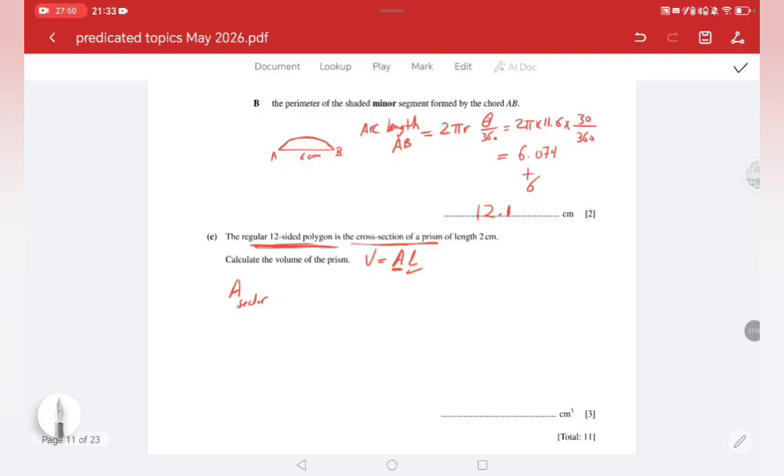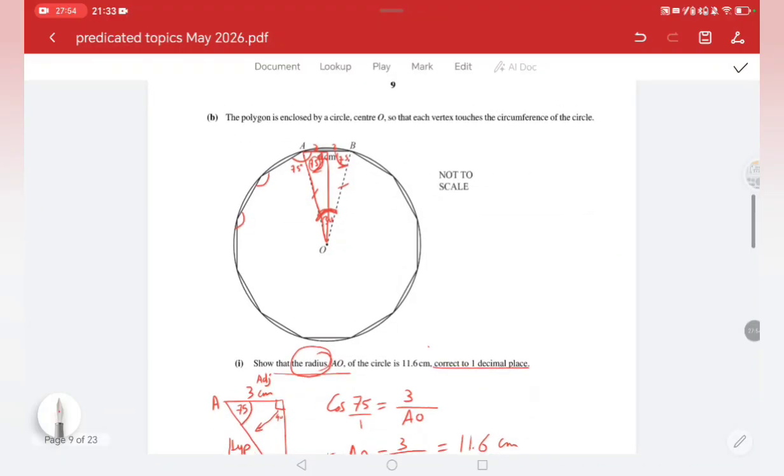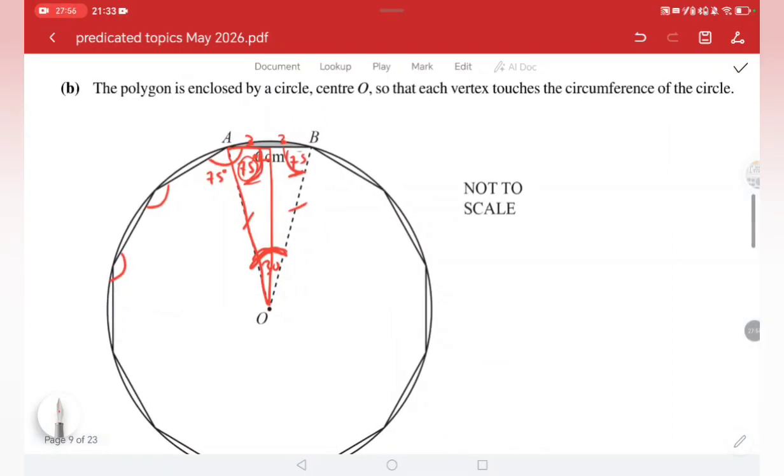So we need to find the area of this part, this triangle. This triangle is a non-right-angled triangle, so you can say 1/2, you multiply two sides, sine the angle between them.